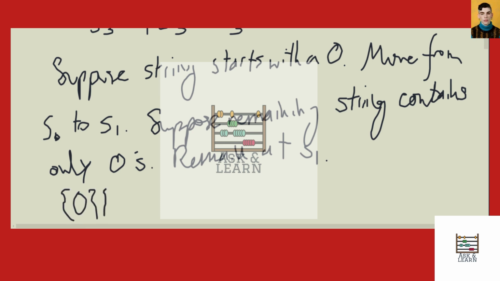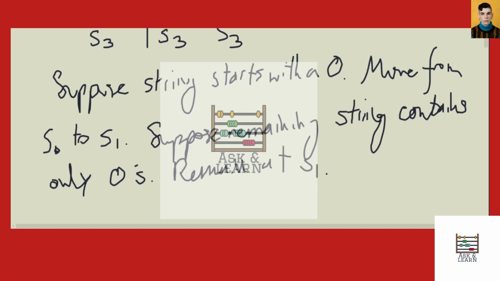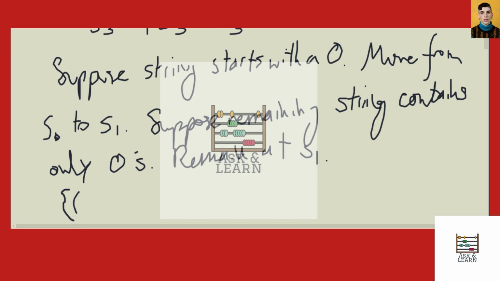Now, suppose that instead the remaining string contains at least one 1, then the table tells us we're moving from state S1 to S2, and from S2 we have to move to state S3, and once we're in state S3, we're stuck in state S3.